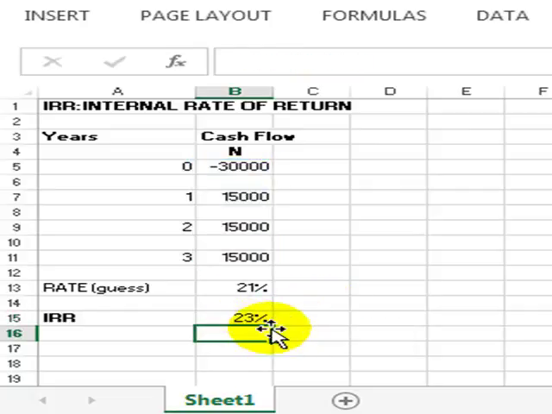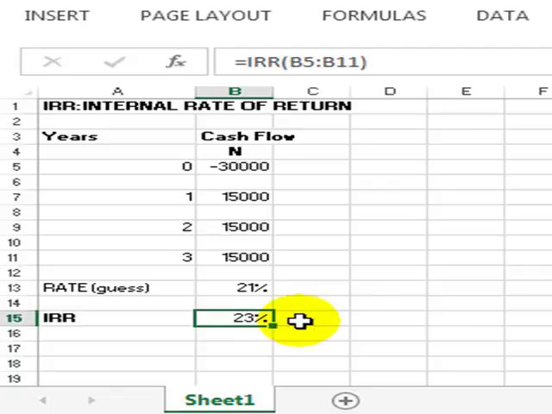You see, Excel gives us an interest rate of 23%. This tells us that if the firm wants to borrow this fund of 30,000 naira to invest into this particular project, and the cost at which the firm is going to raise it is higher than 23%, then it is not advisable for the firm to borrow such an amount of money, because the return from this particular project is 23%.